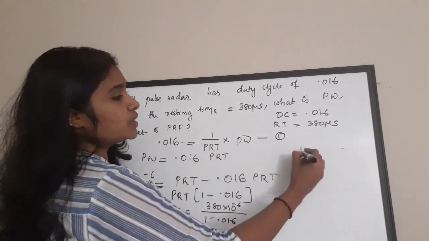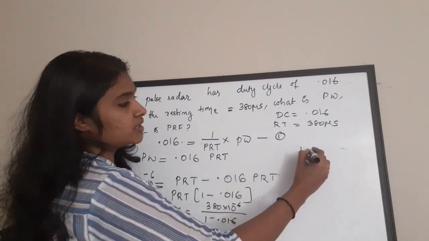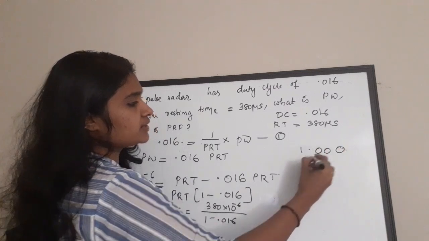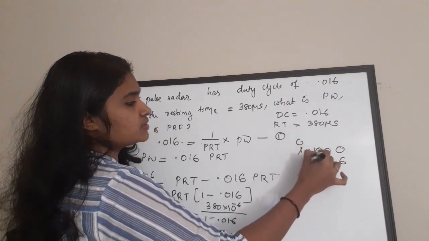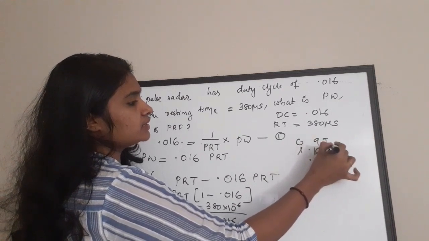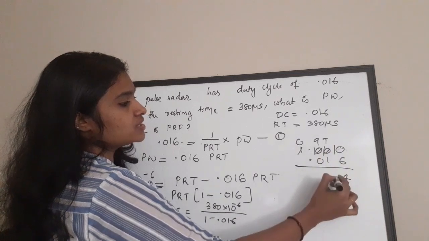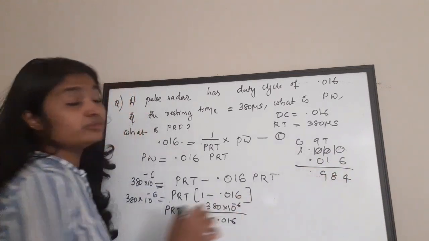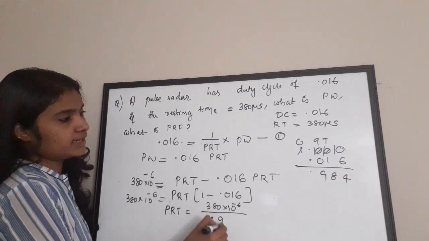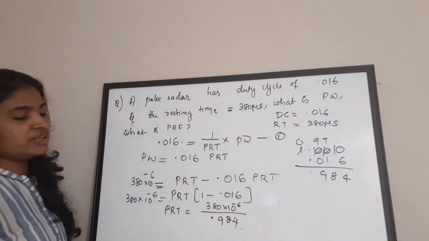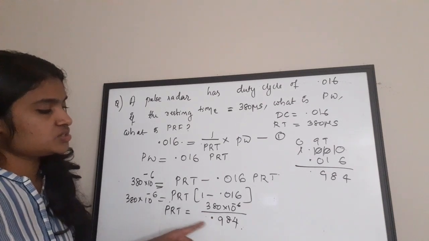So, what is 1 minus 0.016? It is 0.984. This will be your equation for PRT, or this is a sum for PRT.